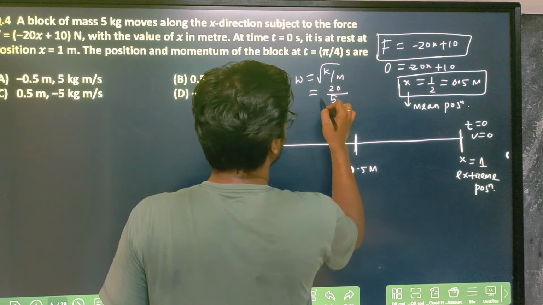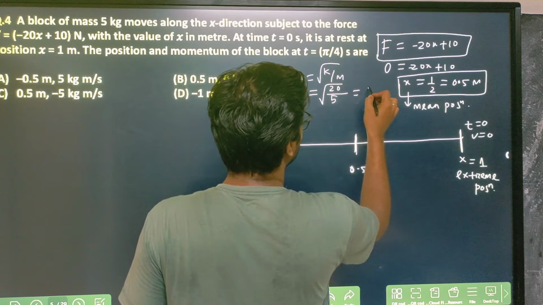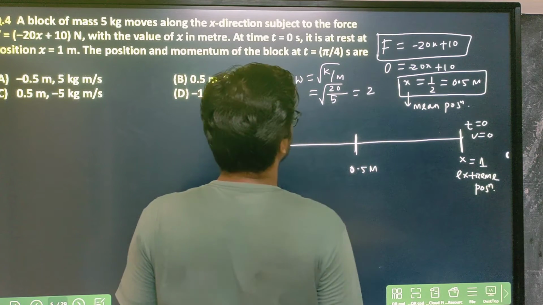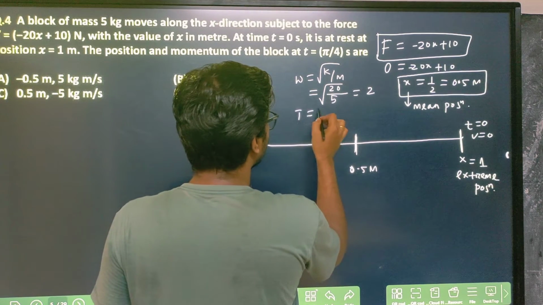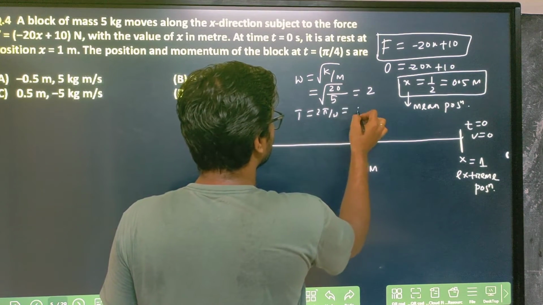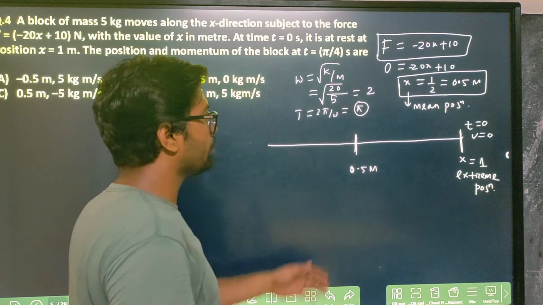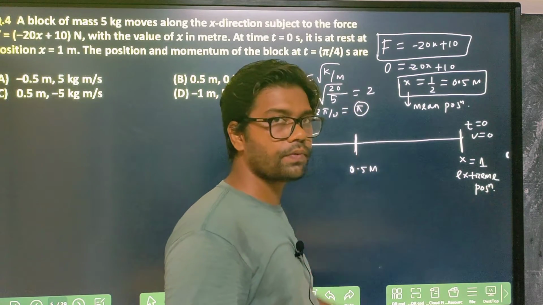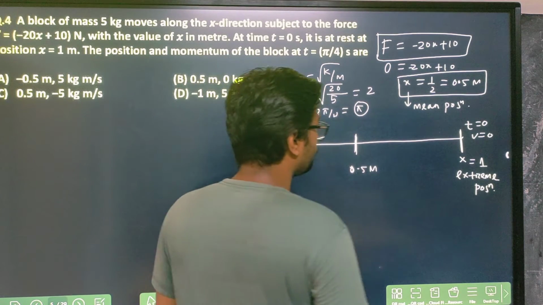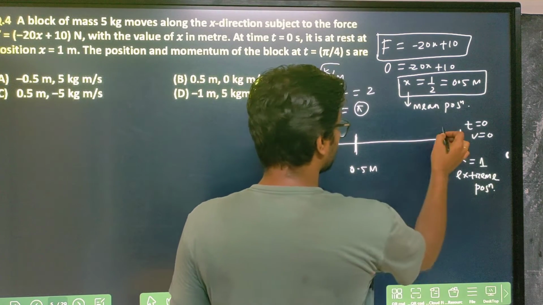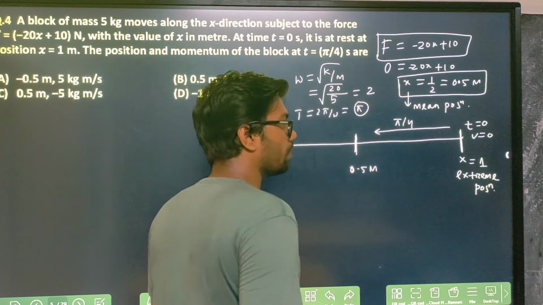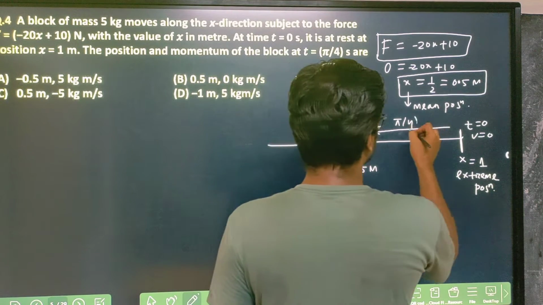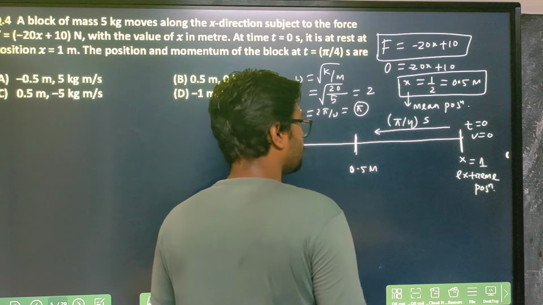So root of 4, which is 2. So omega you will get is 2. If omega equals 2, time period will be 2 pi by omega, which is pi. So the time period of this SHM will be pi. If the time period is pi, obviously from extreme position to mean position, how much time will it take? It will take T by 4, that is pi by 4 second. So pi by 4 second it will take to go from extreme to mean position.